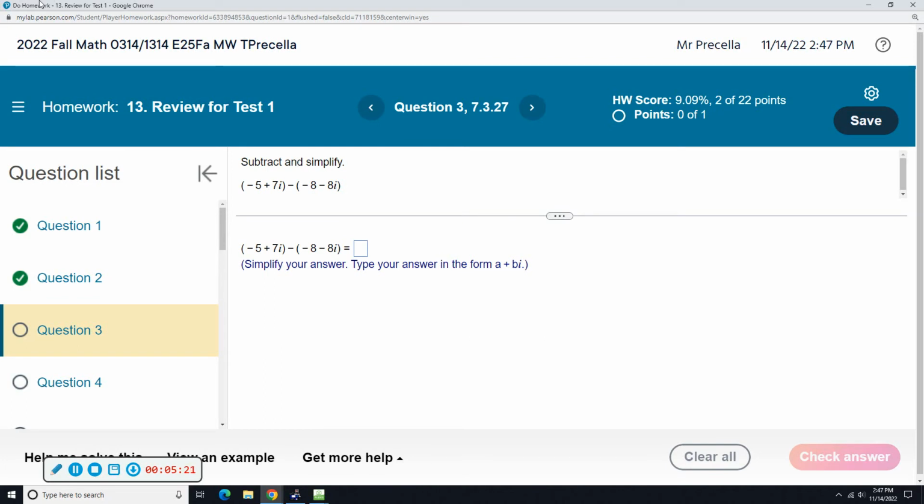Question number 3. It says subtract and simplify. We have the complex number -5 plus 7i minus the complex number -8 minus 8i.